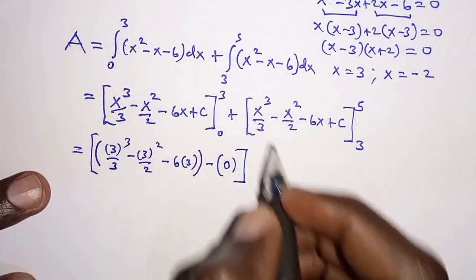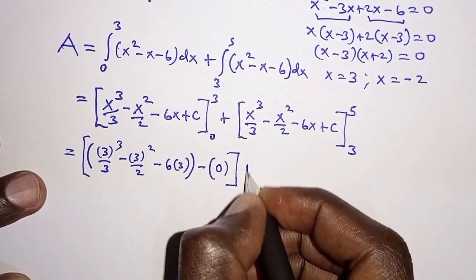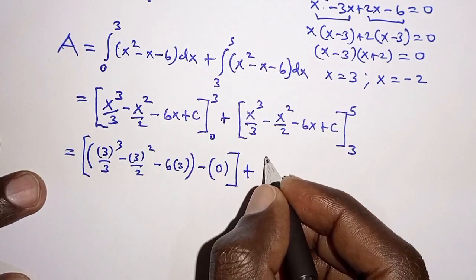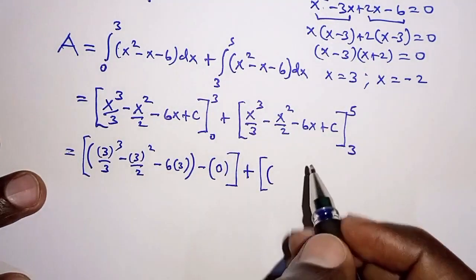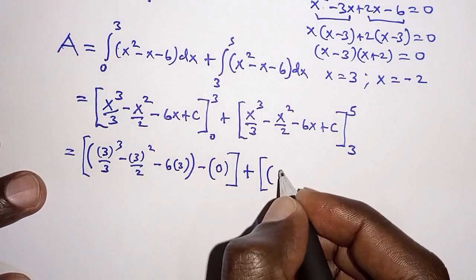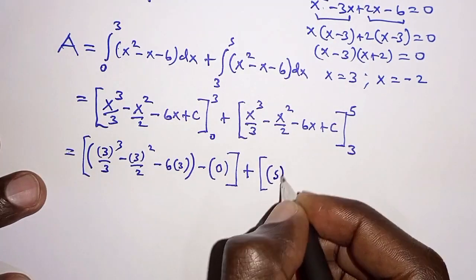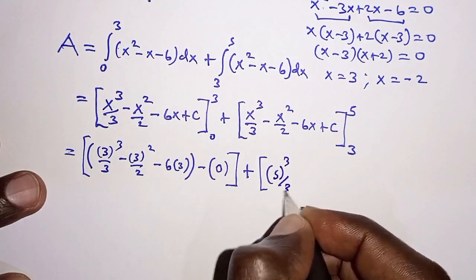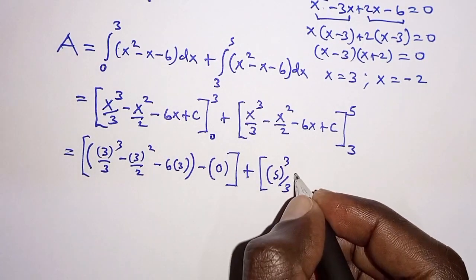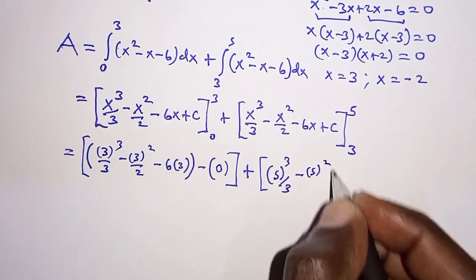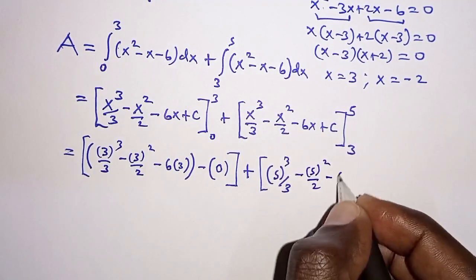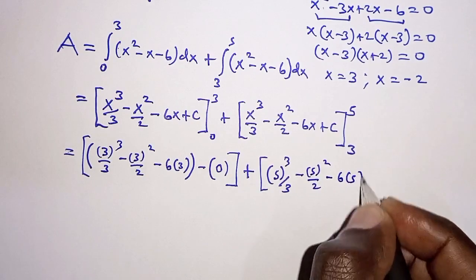And then for the next, we add to this. So for the first bracket, we substitute 5. So that means we have 5 cubed over 3 minus 5 squared over 2 minus 6 into 5.